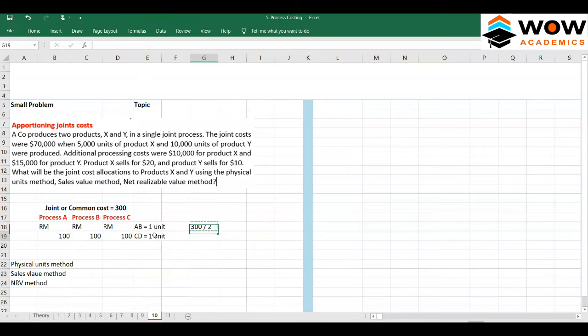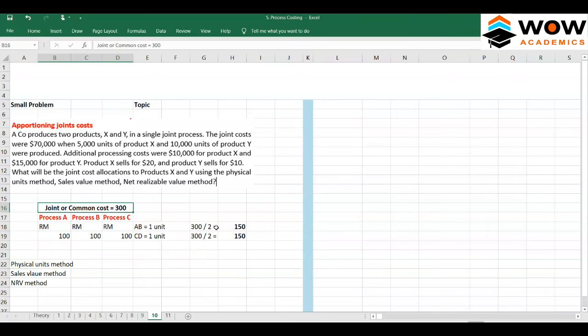That would be 300 by 2, which is equal to 150, right? It will be equal to 150. So that's the concept here. We have used a physical units method here. So hope you got the idea here.